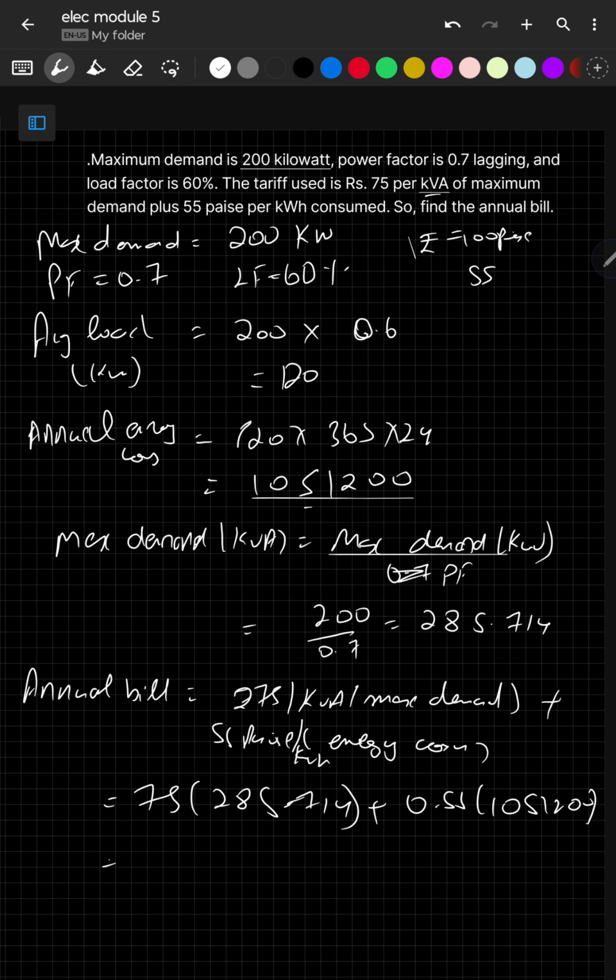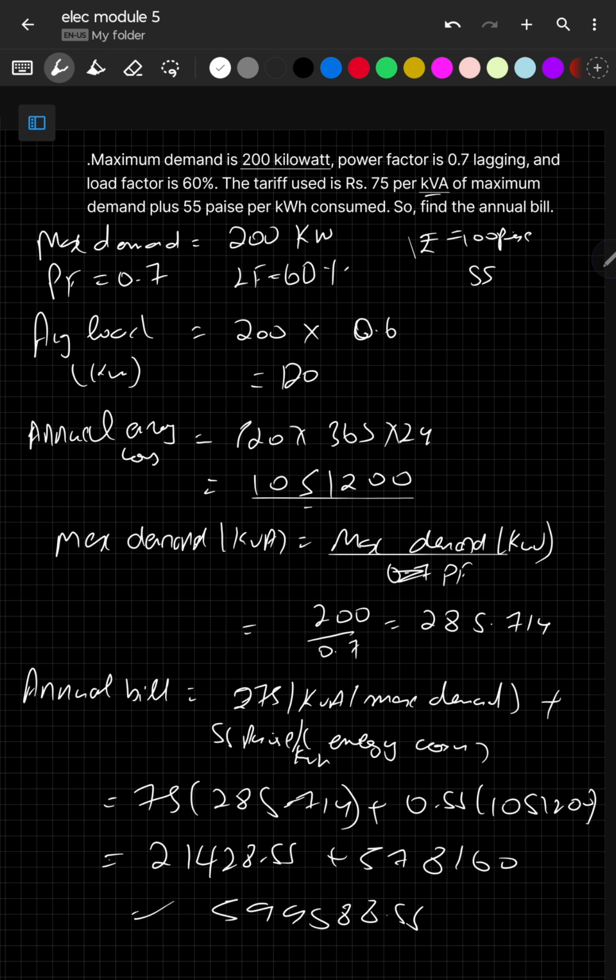So 75 into 285.714, which is 21428.55, plus 0.55 into 1051200, 578160. So 578160 plus 21428.55. I'm getting 599,588.55. I think it is wrong.